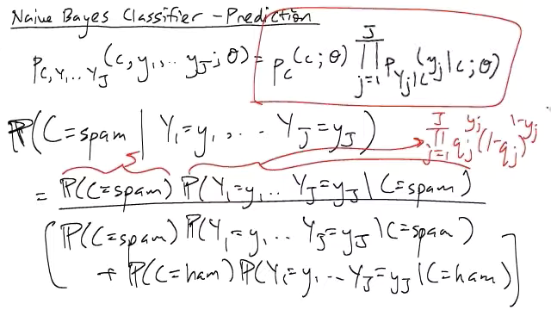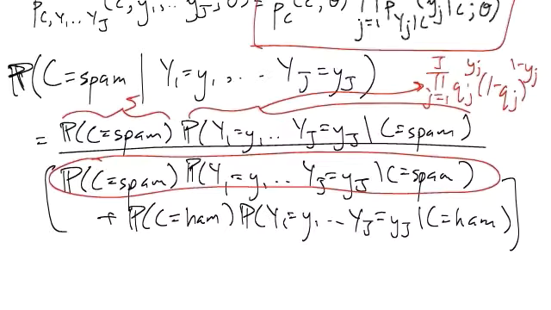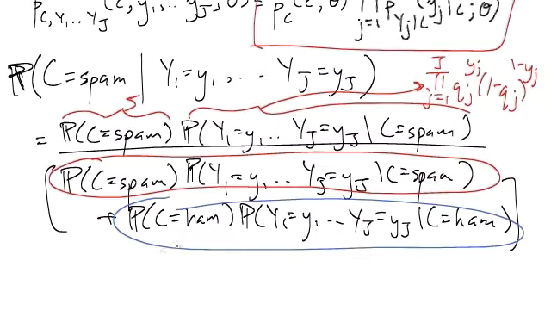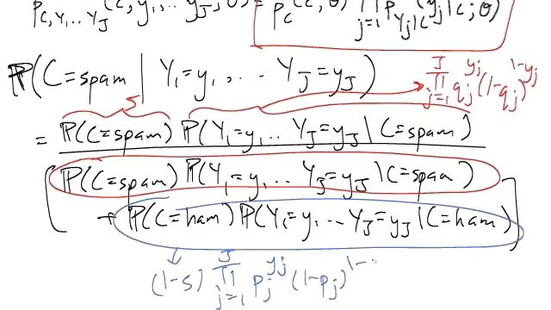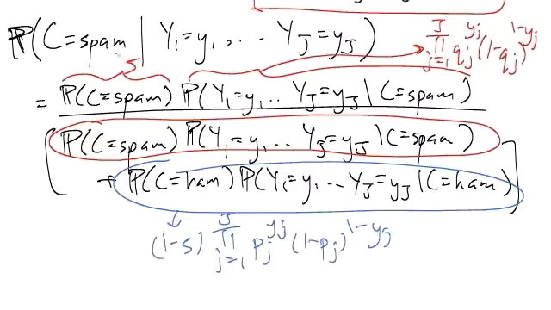What I've written here, S times this product, is the same as this term here. Whereas for the other term, it's equal to 1 minus S, the probability of ham, times the product from j equals 1 to capital J of pj to the yj times 1 minus pj to the 1 minus yj. This is the probability that for this new email it's spam, given the extracted features.